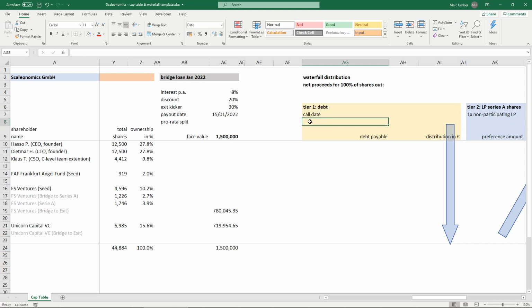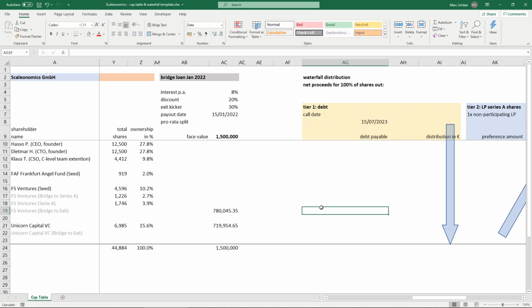Now, since we know from the case study that Scalenomics is to reach break-even in January 2023, and if we assume another 6 months of negotiation and finding an acquirer, let's assume that the call date of this loan will be 15th of July in 2023.